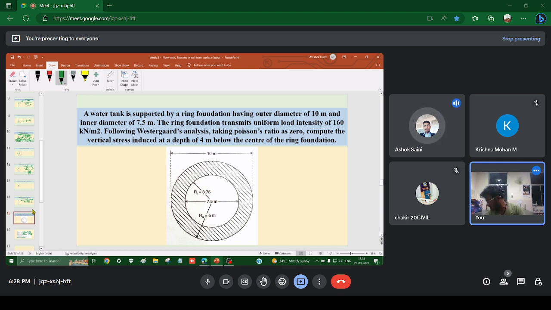Depth upon under root of depth square plus radius square. Yes, sir. Okay, so you do it that way. What is the answer you are getting?